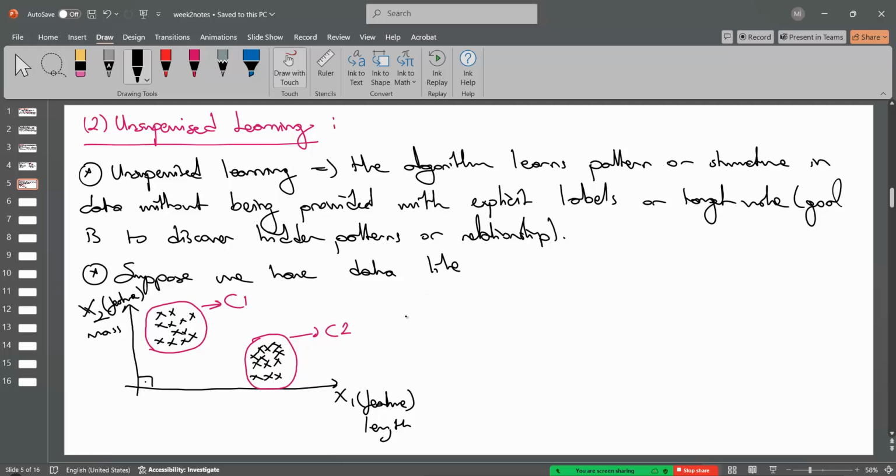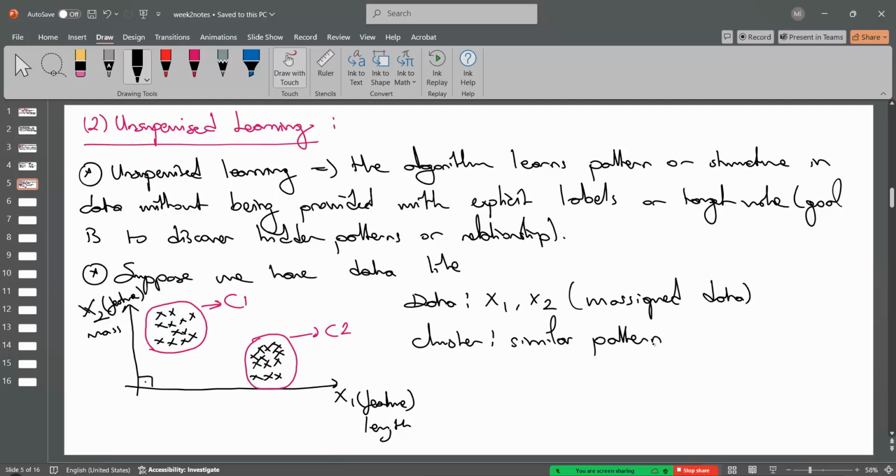And so we can summarize that if the data is given as x1 and x2, this is unassigned or unlabeled data. And so the cluster gives us a similar pattern, which is given in here. Okay?